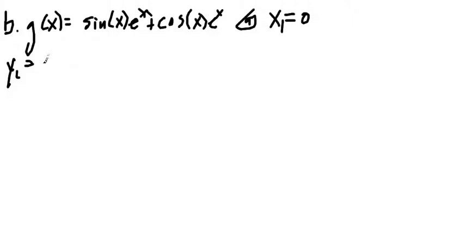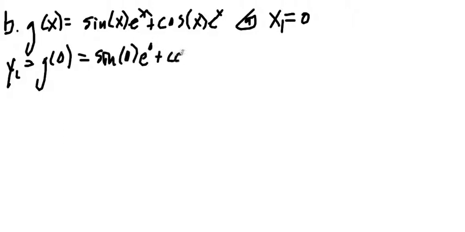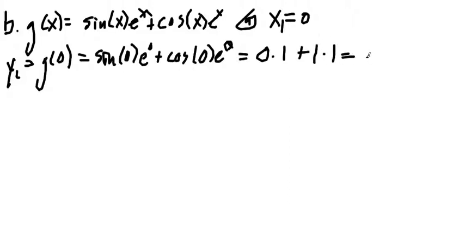Our y1 is equal to g of x1, which is g of 0, which is sine of 0 times e to the 0 plus cosine of 0 times e to the 0. Sine of 0 is 0, e to the 0 is 1, cosine of 0 is 1, e to the 0 is 1. I get 0 times 1 plus 1 times 1, which is equal to 1. Fantastic.